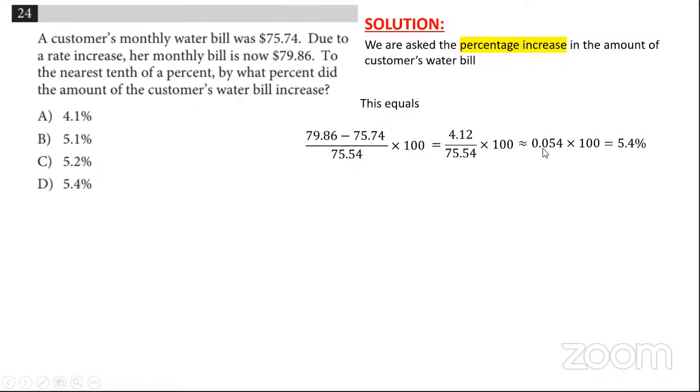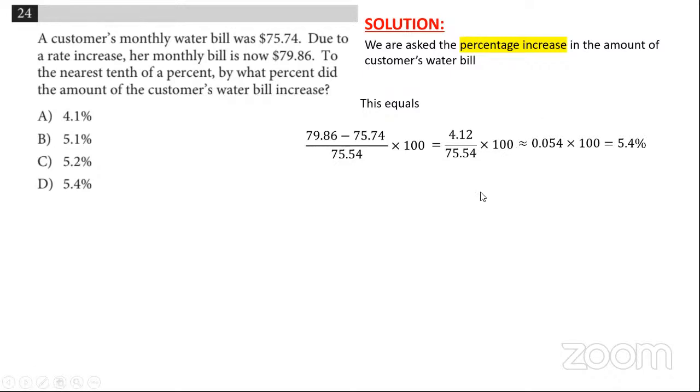This was around 0.0545 and so on, so the nearest tenth would be 5.4. So the percentage increase in the amount of the customer's water bill will be 5.4%, and this corresponds to option D.